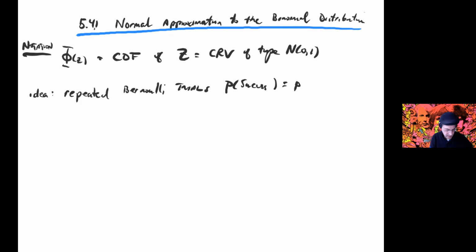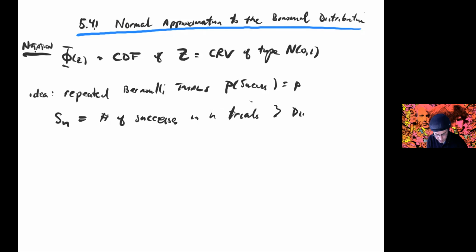Let S sub n be the number of successes occurring in the n trials. So I flip a biased coin n times, the probability of heads is p. How many times do I get heads? That is a random variable, a discrete random variable.